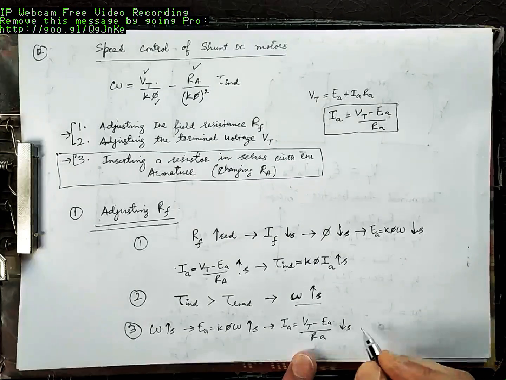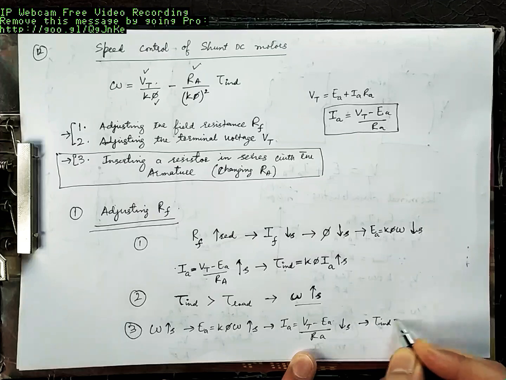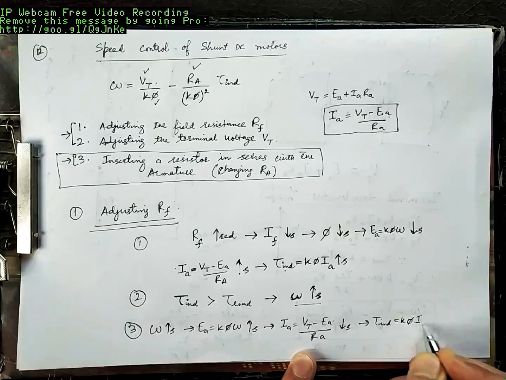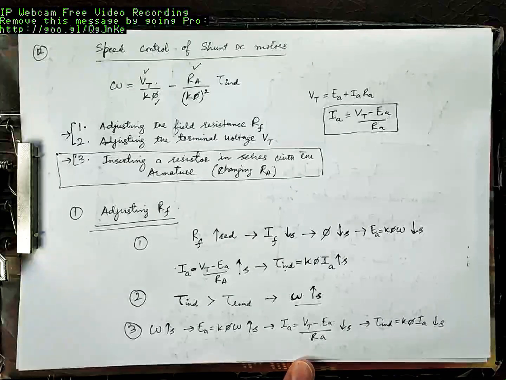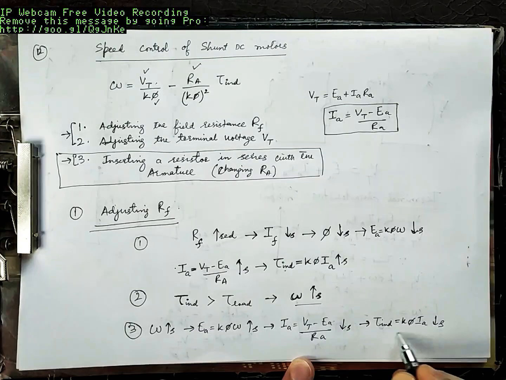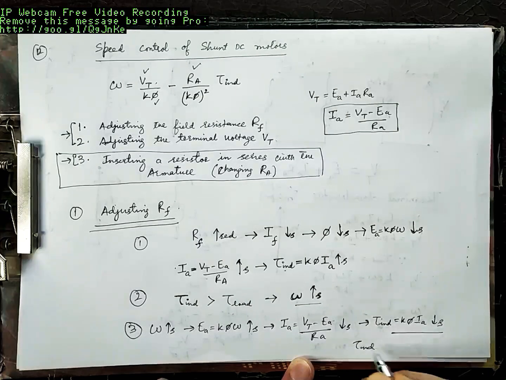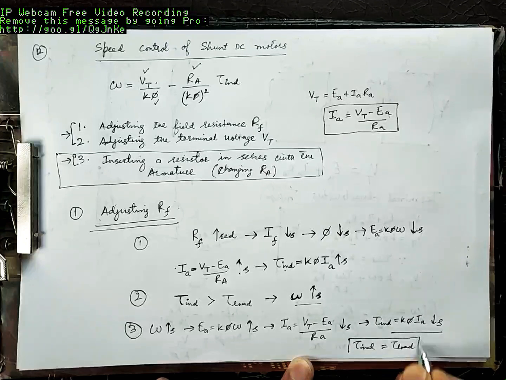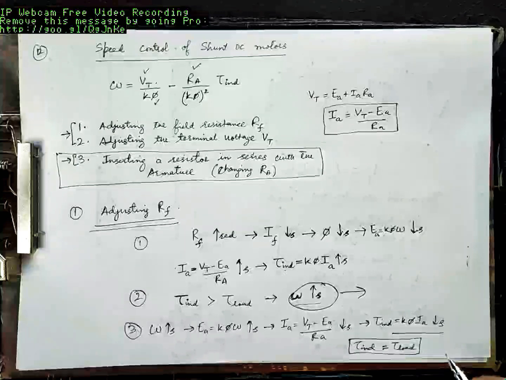When IA decreases, tau induced equal to K phi IA decreases, such that tau induced again becomes equal to tau load, but at higher speed.